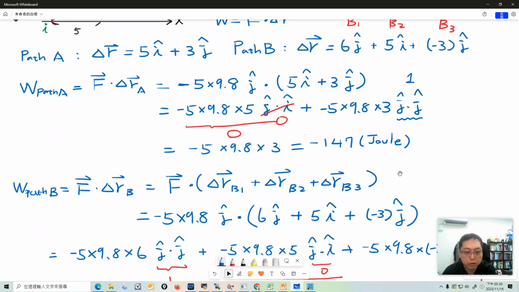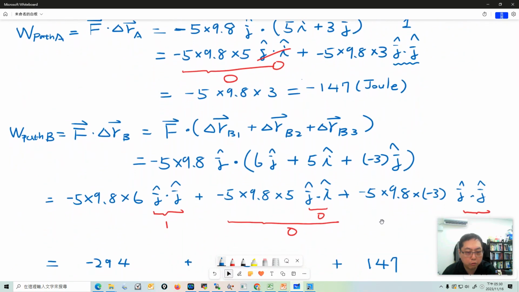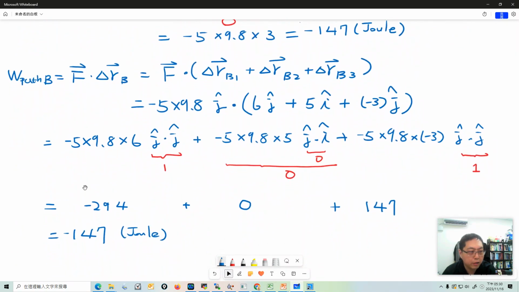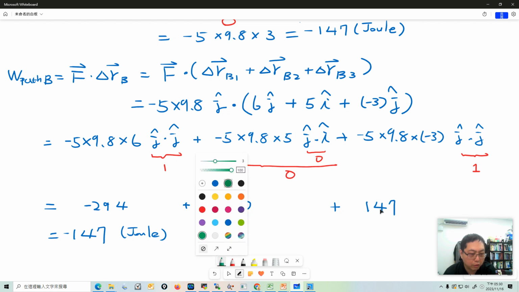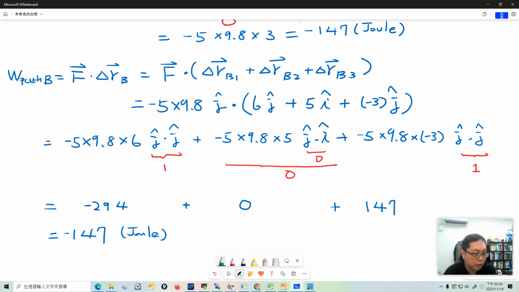And from this second calculation, you will see the work done by a gravitational force can be negative, it also can be positive. In the last video I said that's a feature of a conservative force. Sometimes it's negative, sometimes positive, and sometimes it gives you zero work.